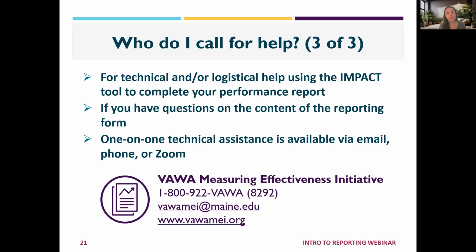We're always happy to support grantees in whichever way is best for you. We recommend telling us what time zone you're in if you're asking for a phone call, because we all are located on the East Coast in Eastern Time, and we want to make sure that we actually call you at the time that's correct for you as well if you're not in Eastern Time.